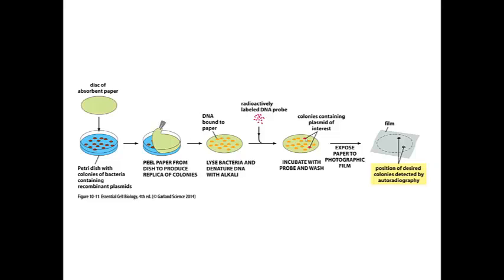And then using photographic film that will be developed by the radioactivity, you can see which colonies in fact have the gene of interest that you want to find. And then you can go back to the original dish and pick that colony and grow up many copies of it and isolate that DNA in great quantity and then work with it.